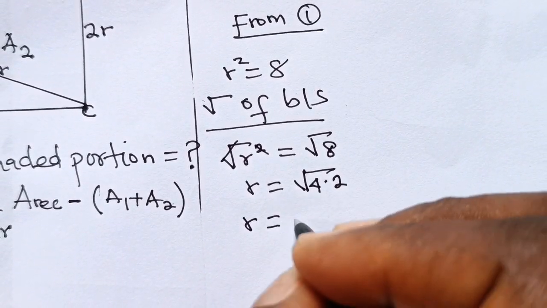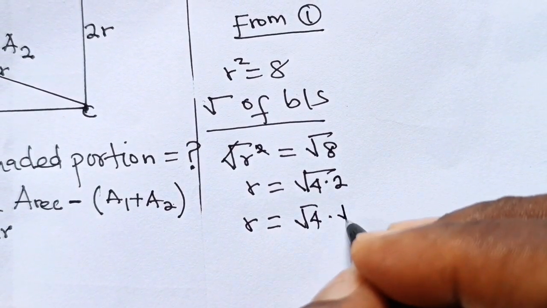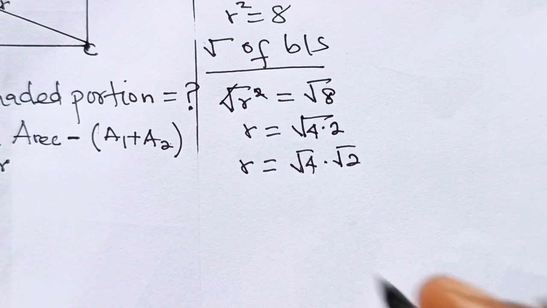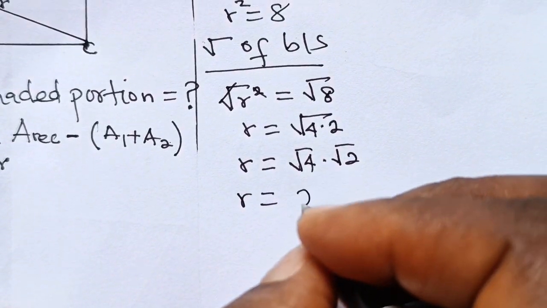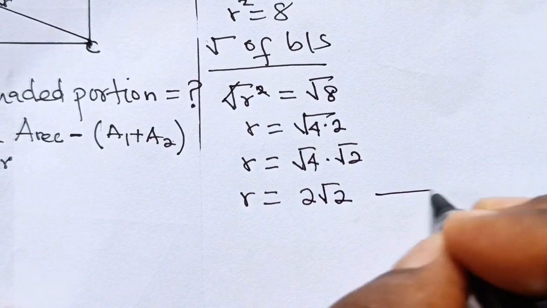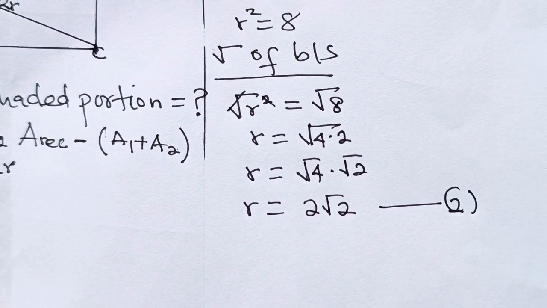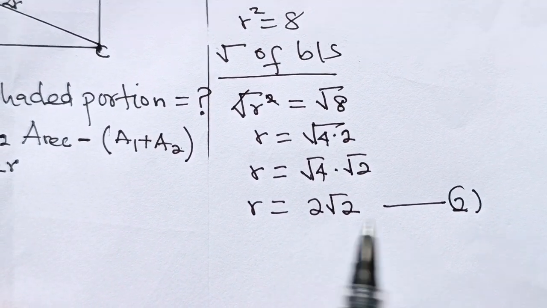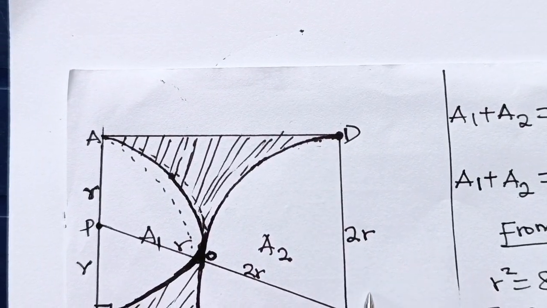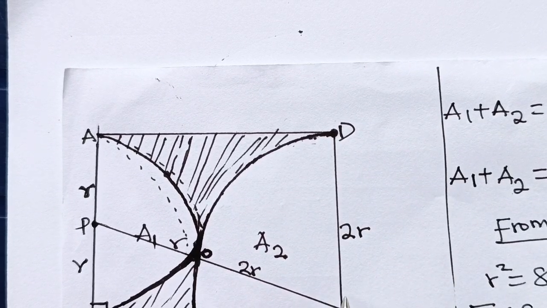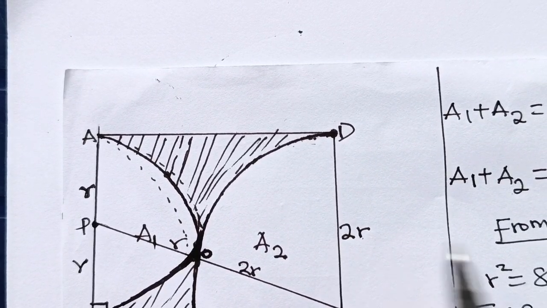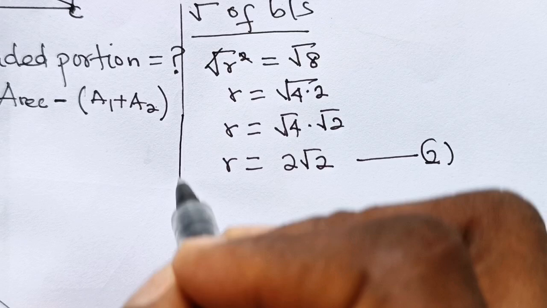So r is equal to square root of 4 multiplied by square root of 2. So r is equal to 2 root 2. And this is equation 2. Now, having gotten this, remember that the height of our rectangle can be gotten by multiplying r by 2, okay?